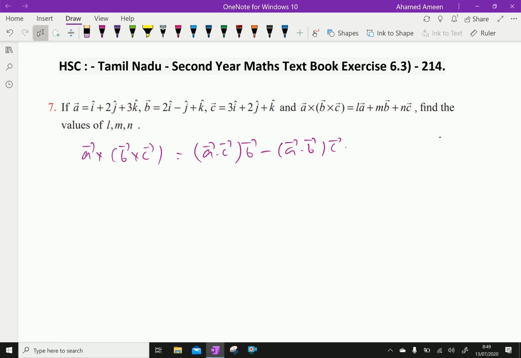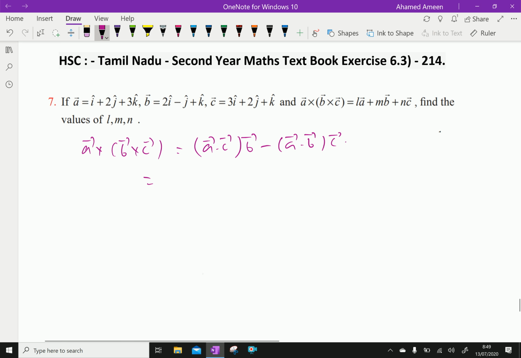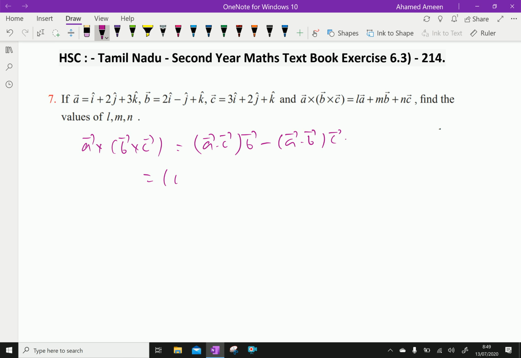Now we'll express this as A dot C, which is i plus 2j plus 3k dot C. What is C? 3i plus 2j plus k.